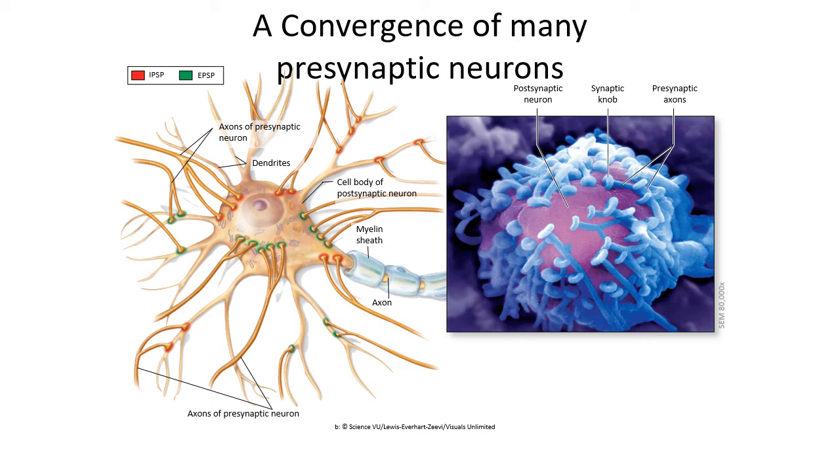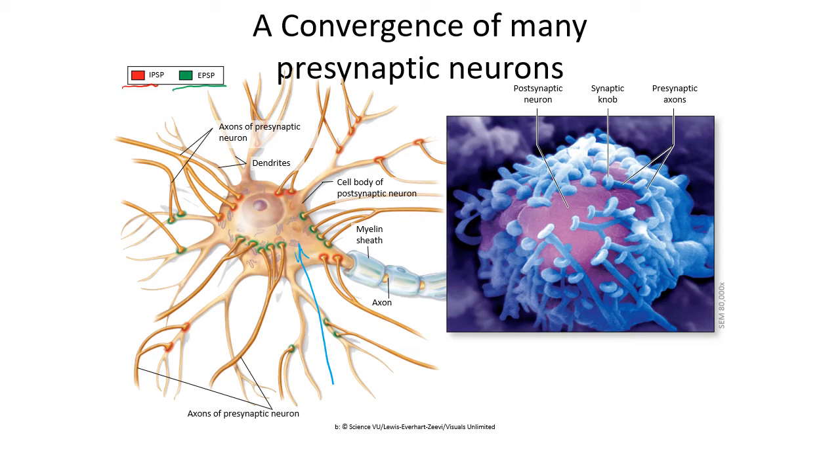At any given neuron, we can have any number of EPSPs as well as IPSPs synapsing on the postsynaptic neuron. So this is our postsynaptic neuron.